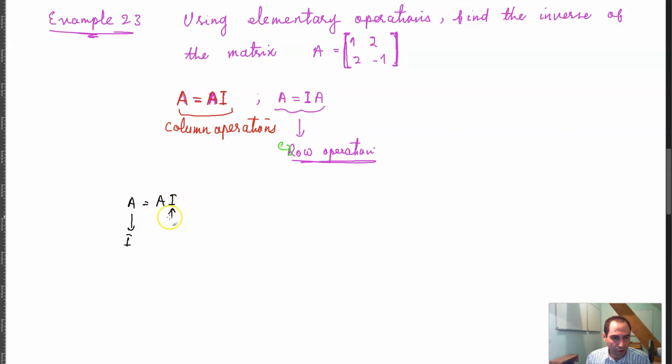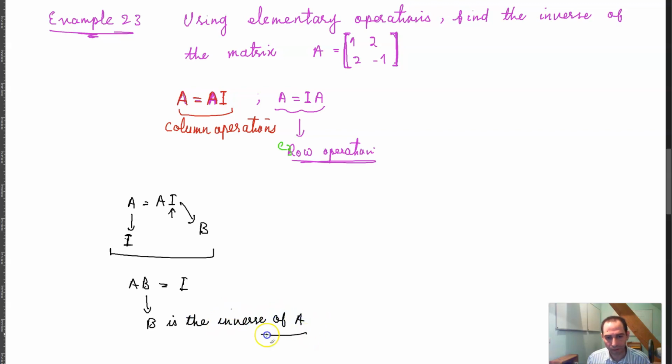You can think of it as some matrix B, because it's not the identity matrix anymore. Then the whole equation will look like A times B is equal to I, because now the matrix on the left has become I. From this I can conclude that B is the inverse of A.